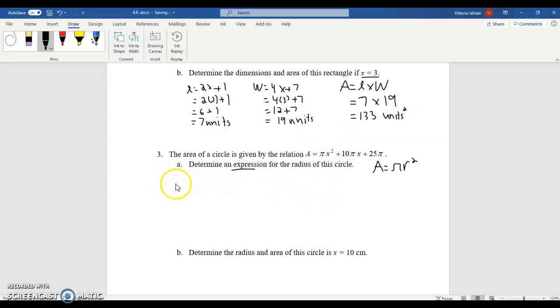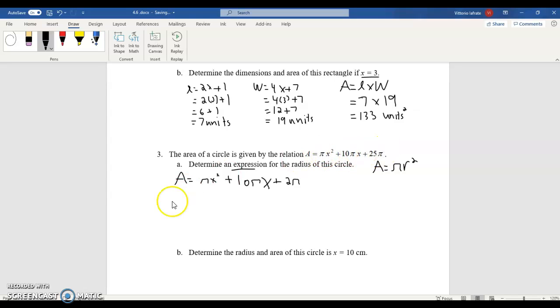Now this one looks a little complex. Let's write this out. We have area is equal to pi x squared plus 10 pi x plus 25 pi. Now some students might panic when they see that. What do you do with the pi that's there? Well, you can factor that out.